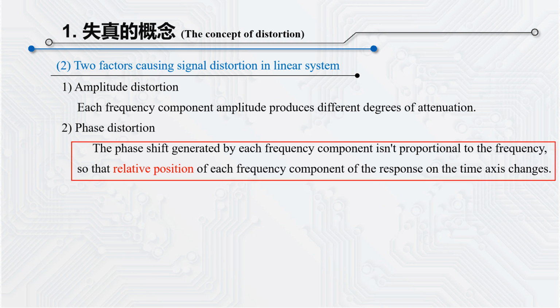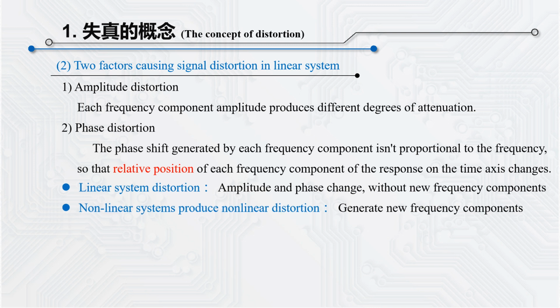The second factor is phase distortion. The phase shift generated by each frequency component is not proportional to the frequency, so that the relative position of each frequency component of the response on the time axis is changed. Therefore, it causes signal distortion.